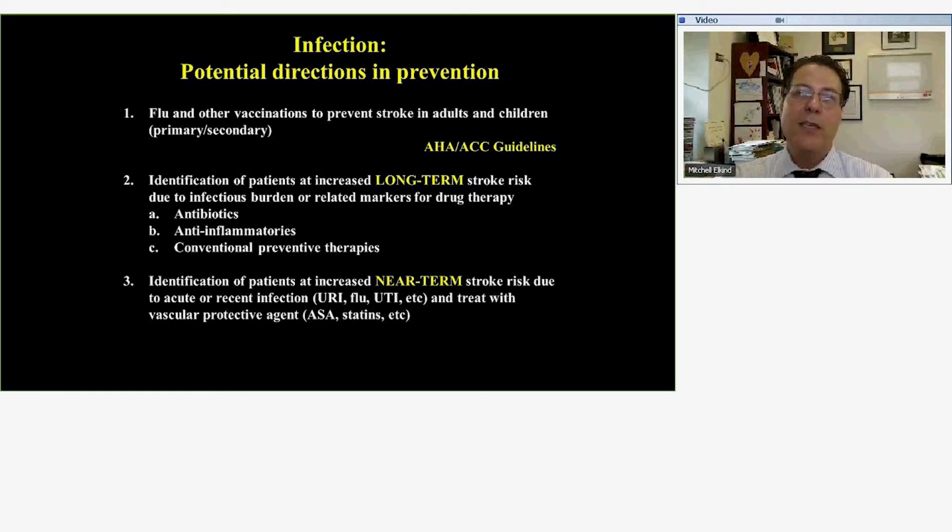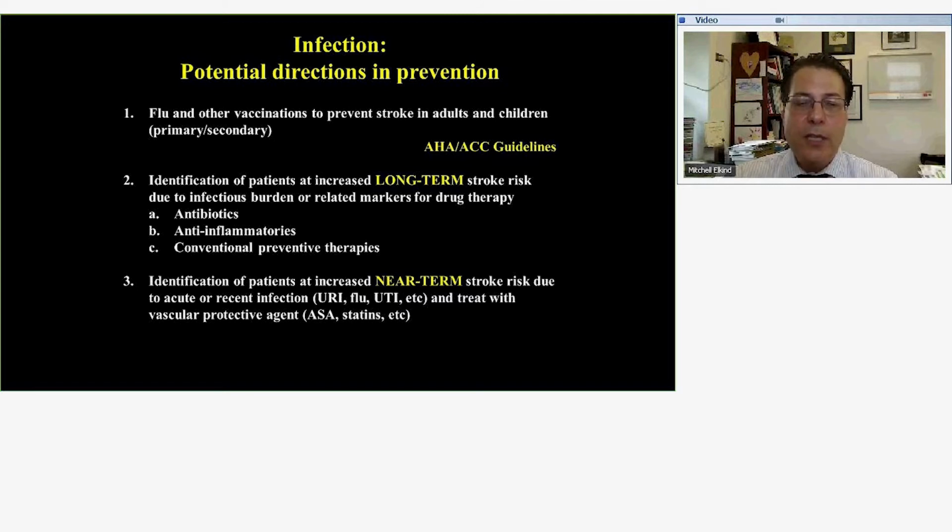So you're recognizing people as being at high risk by virtue of infection, but the treatment may actually be conventional preventive strategies. Currently, actually, in the U.S., there is a trial going on using methotrexate to prevent heart attack in patients with cardiovascular disease as an anti-inflammatory strategy.